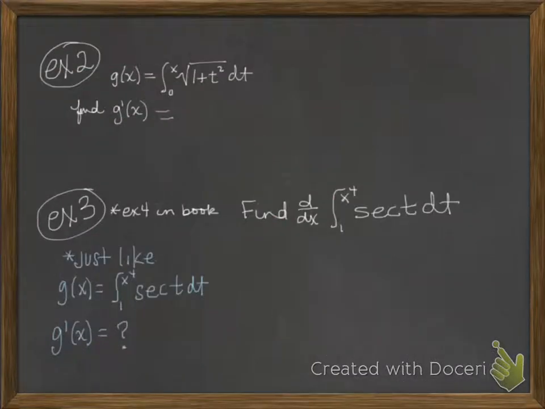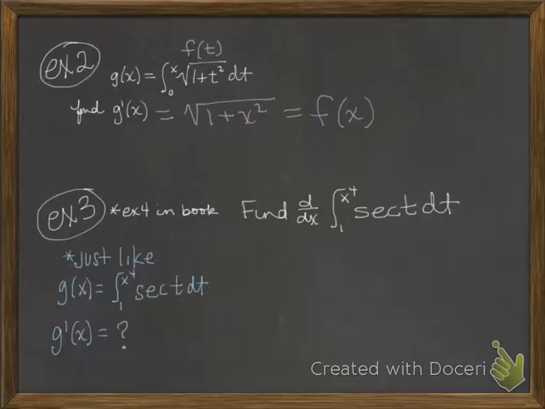My f function here is the square root of 1 plus t squared. So my g prime of x is going to be the square root of 1 plus x squared. That's f of x. I put x in for all the t's because this originally was a function of some variable t. Well, f of x would just look like an x in the place of the t's. It really is that easy.